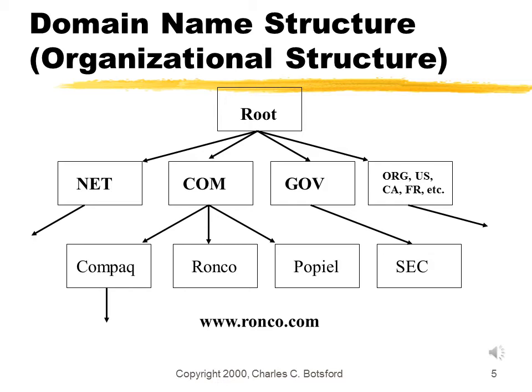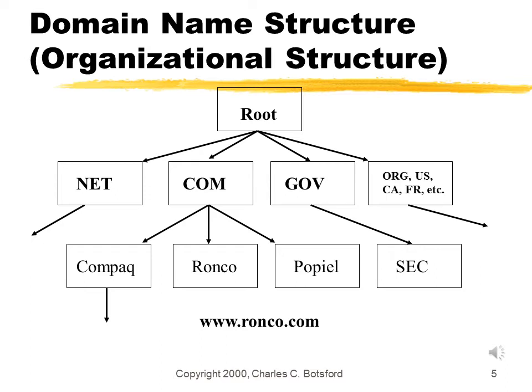Each of these must be unique. For instance, when Ron Popeil registered the Ronco name underneath the com domain, he's of course the only one who could register that name, because all these names must be unique. Remember, a fully qualified domain name is the host name plus the domain name. The default web server host name for most computers is www.